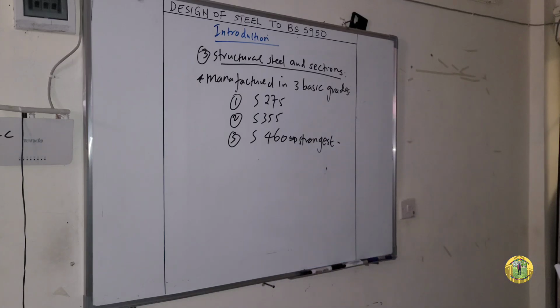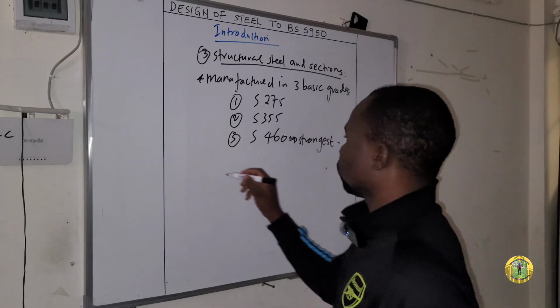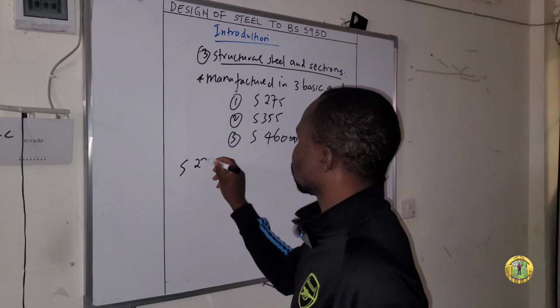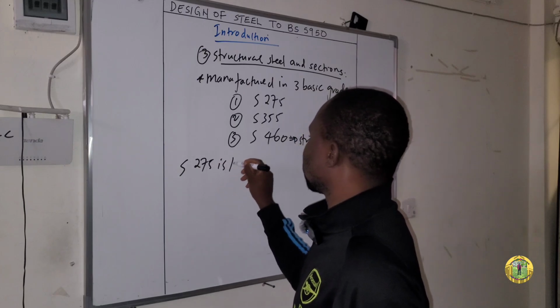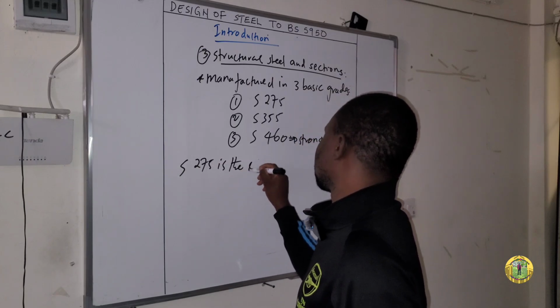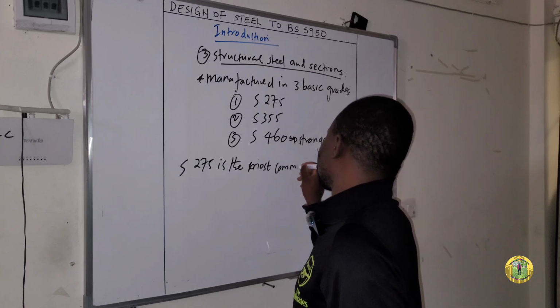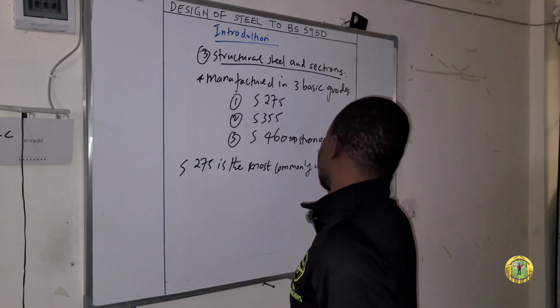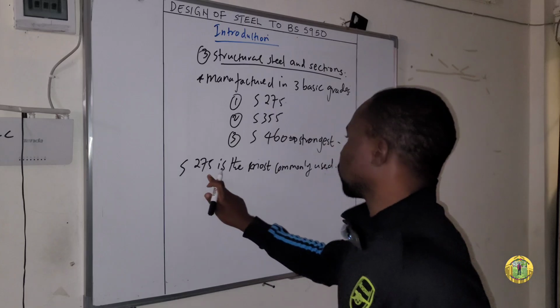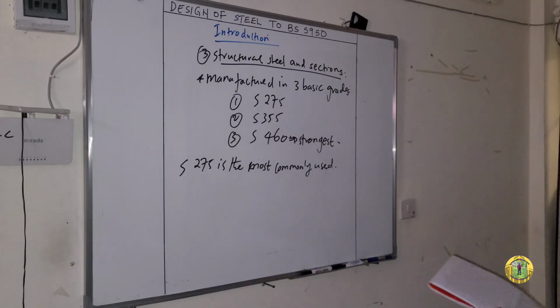But the lower strength grade, S275, is the most commonly used, and remember this is the lowest grade.